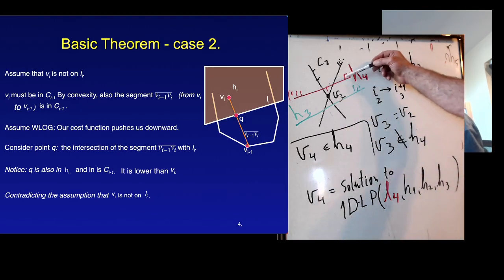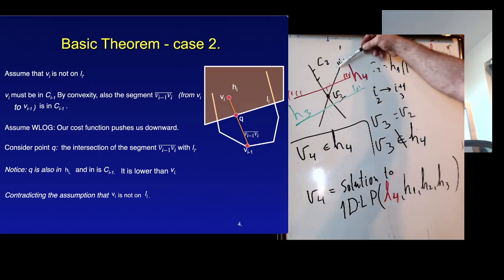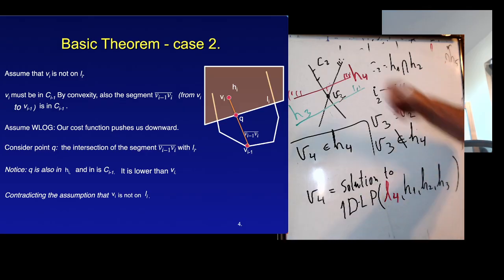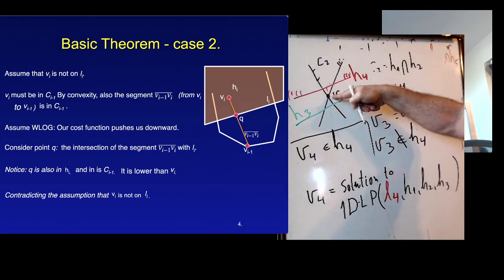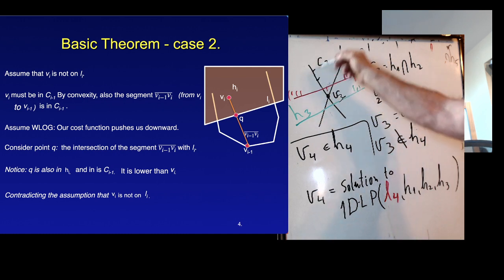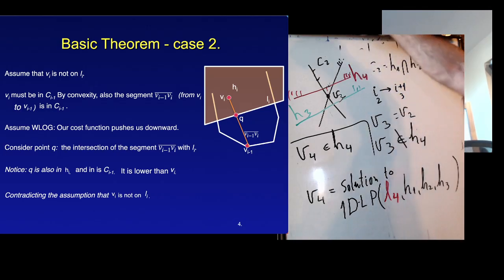Where is V4? It is satisfied by H3, satisfied by H1 and H2, and also satisfied by H4. So I'm trying to go as low as I can, and what disturbs me from reaching all the way down to V3? As I'm going downward, I have to land at some point on L4.